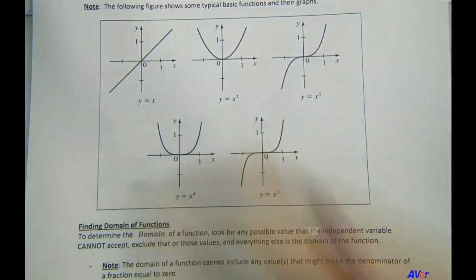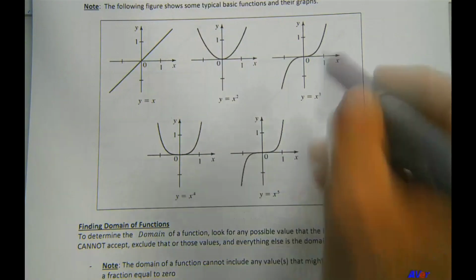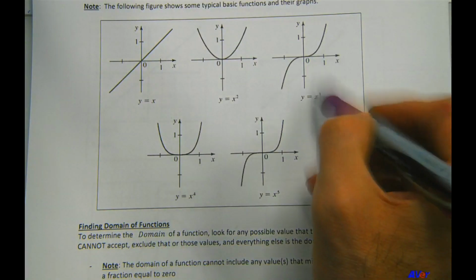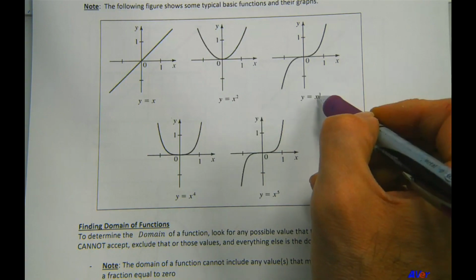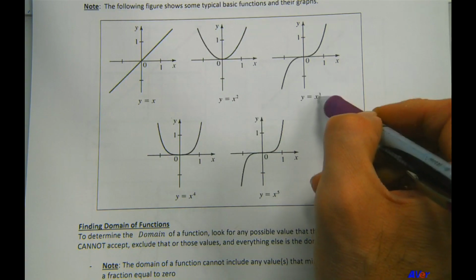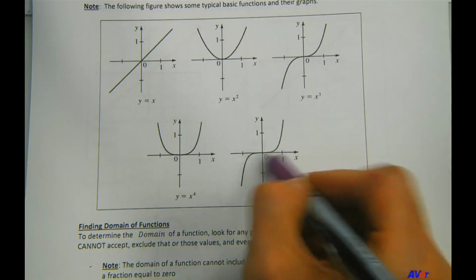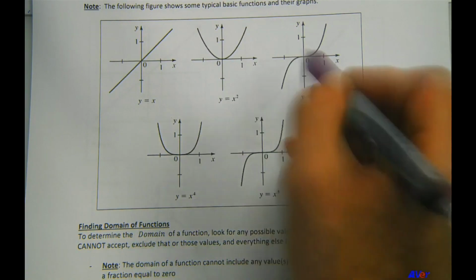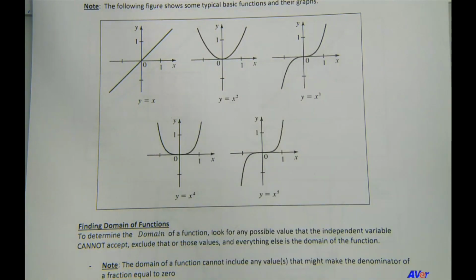Okay, but these distinctions you should be aware of, that when you have an odd power, cubic function, and you increase the power to higher odd powers, the inflection point is not something we look at in this class.